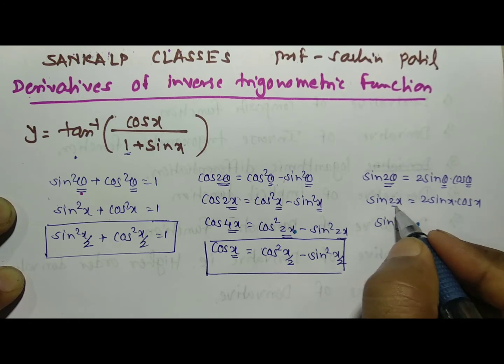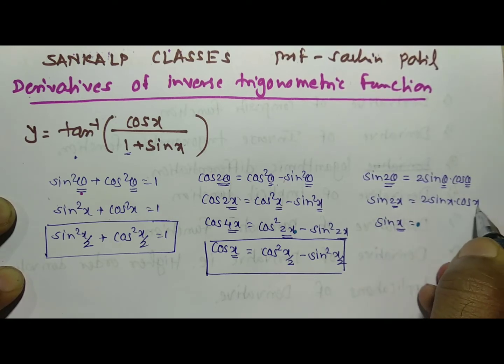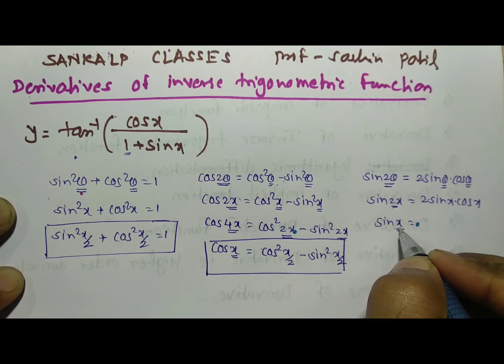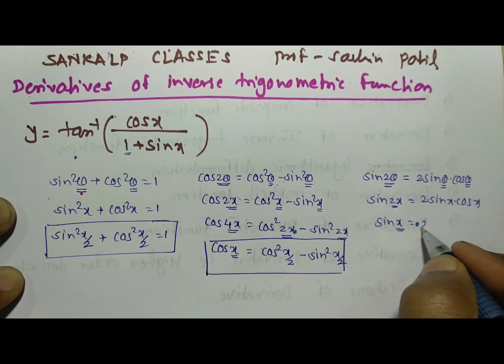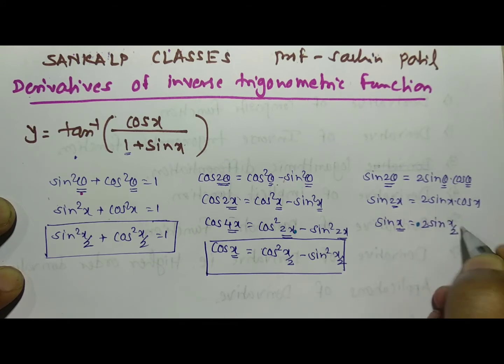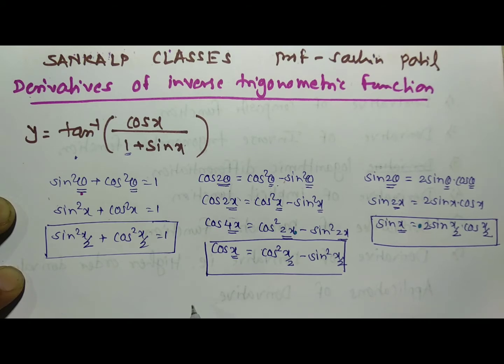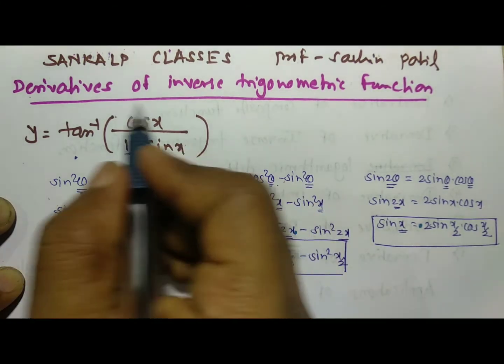At that time half of that quantity, that means x divided by 2, is placed inside the right hand expression. That means sine x is 2 sine x divided by 2 into cos x divided by 2, and this is another half angle formula related to that expression. And those three formulas are used inside this.